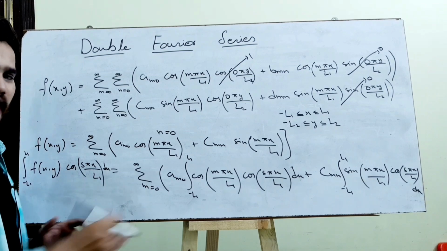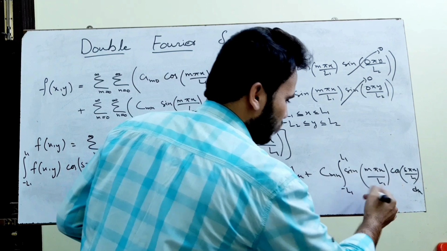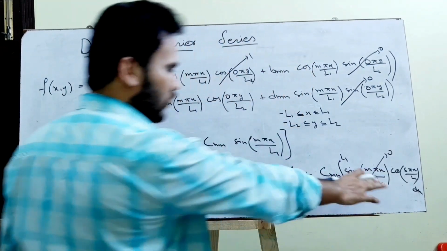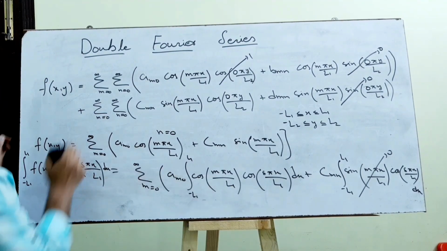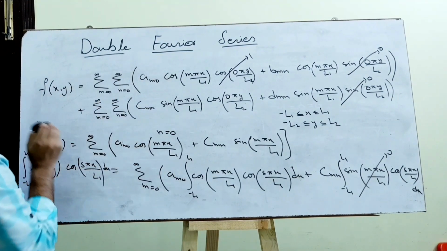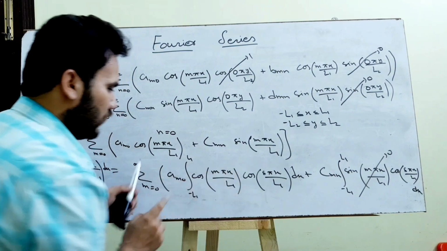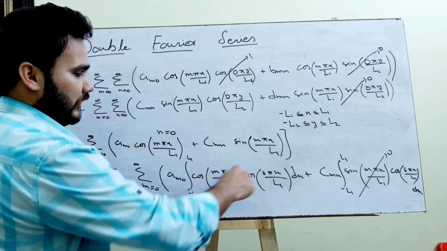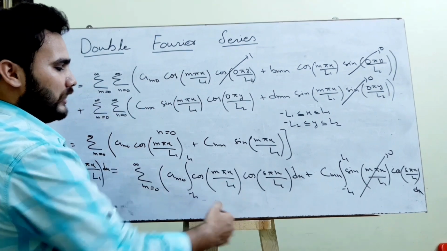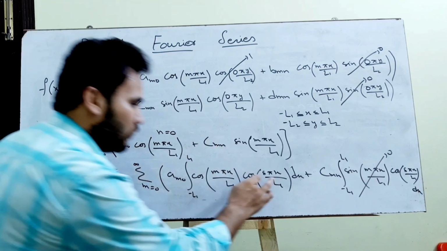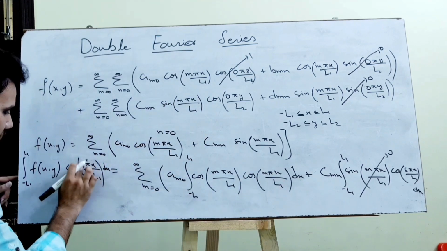So the result we have already found from the integrals. We know that this will be 0 because of orthogonality, and the last result we have found. Now for this one, I cannot remove this. Where m is not equal to s, this integral will be 0. Where m equals s, this integral will be L. So I am replacing s by m here and here also.